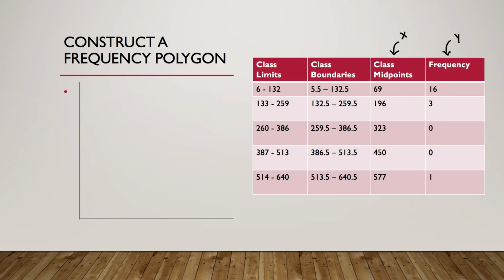But when I draw these tick marks, I want to give a little extra room at the beginning and a little extra room at the end. So I might do something like this. I might put my first tick mark here and then decide on some spacing and try to be consistent with the spacing, and leave a little extra space here and a little extra space at the end.